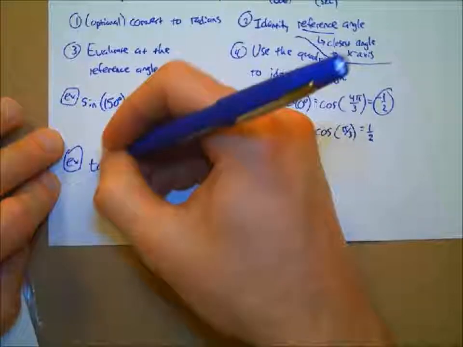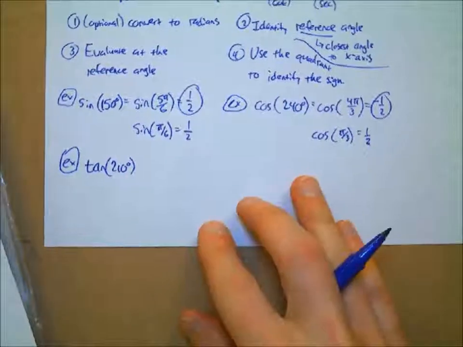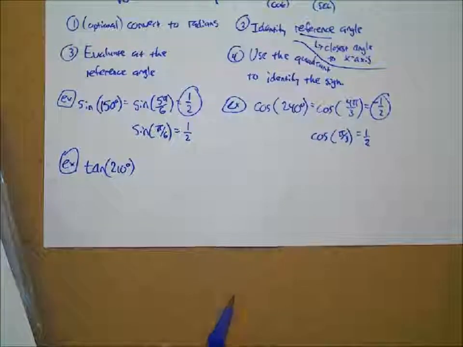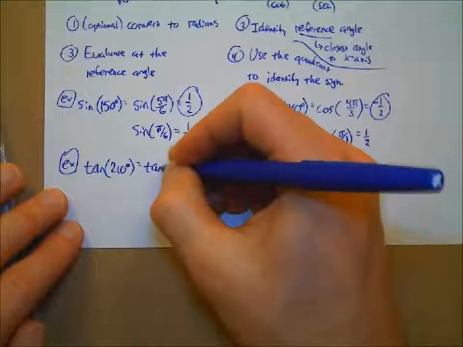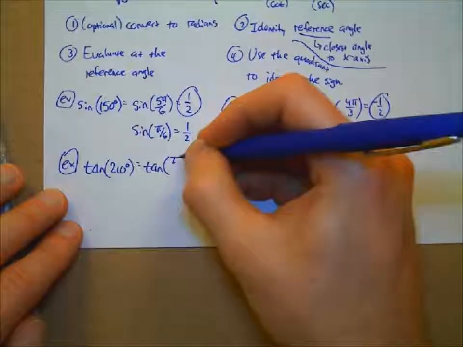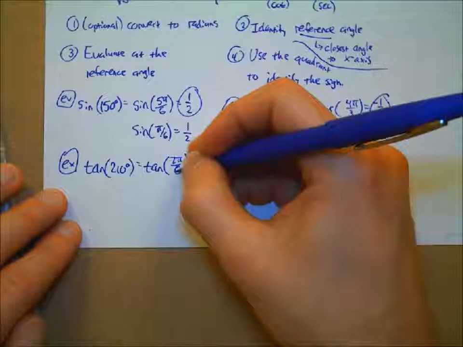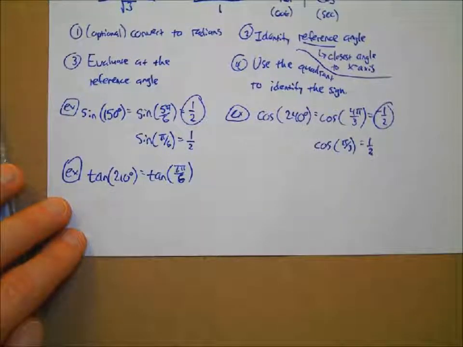Tangent 210 degrees. What is 210 in radians? 7 pi over 6. Okay. So what's the reference angle we're going to use?